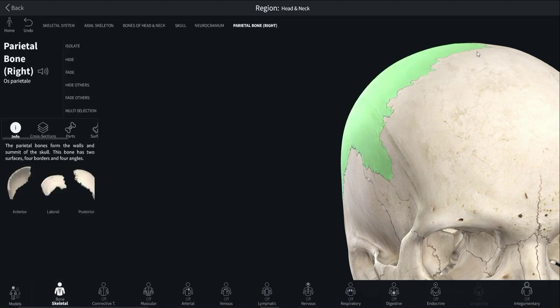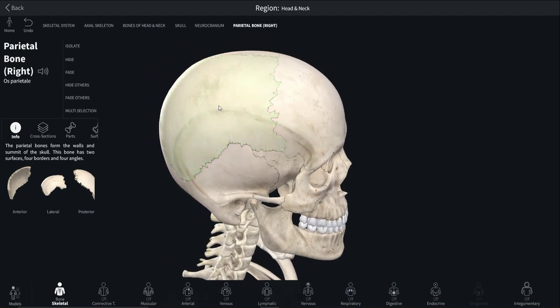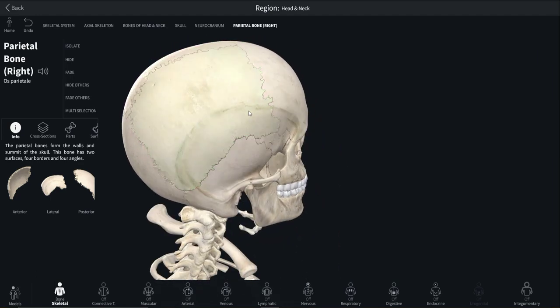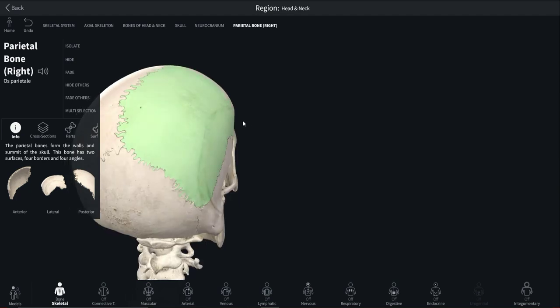This is the parietal bone. This is the anterior view of the parietal bone, viewed from the anterior side. On the lateral side, this is how the parietal bone looks. It is quadrilateral, and it has an outer surface which is smooth and convex. Let me again isolate it.